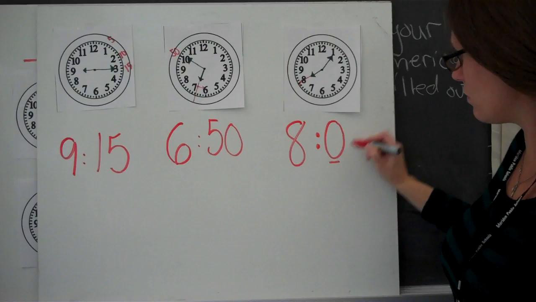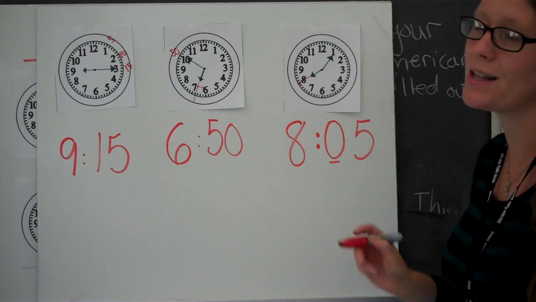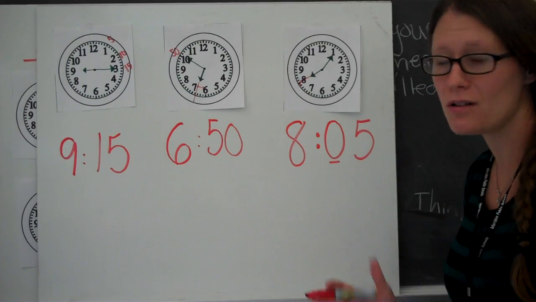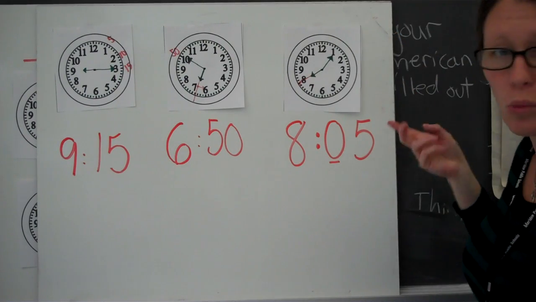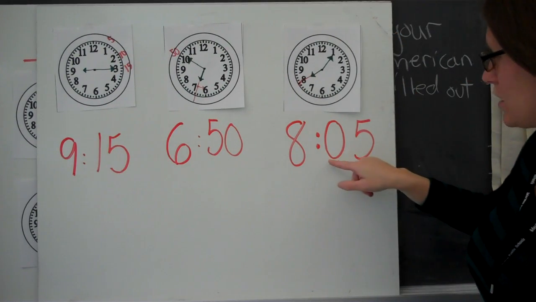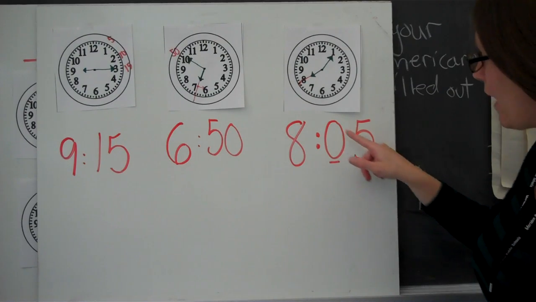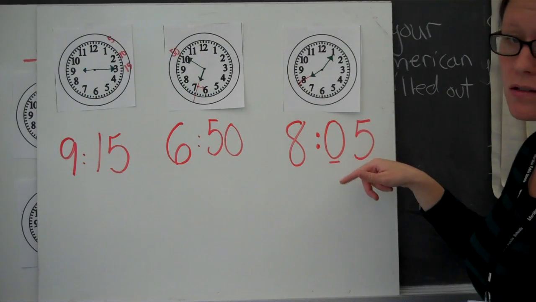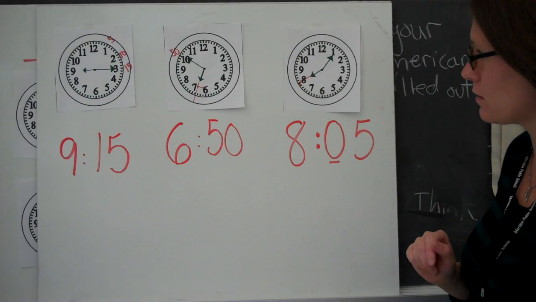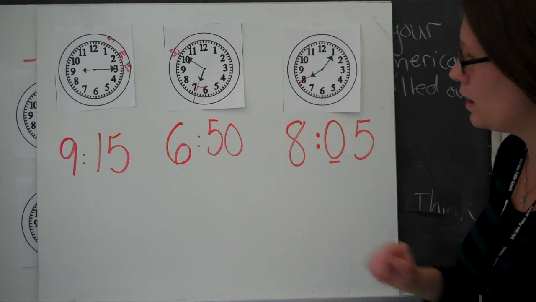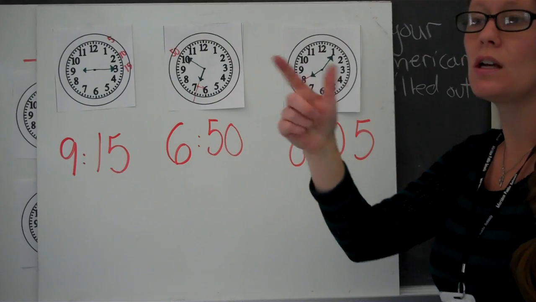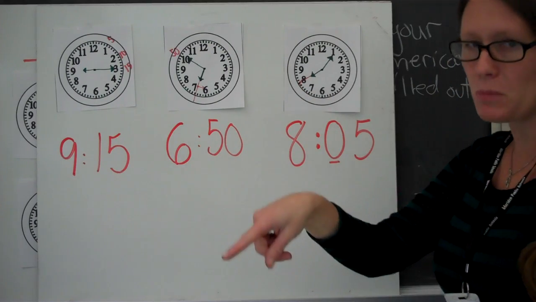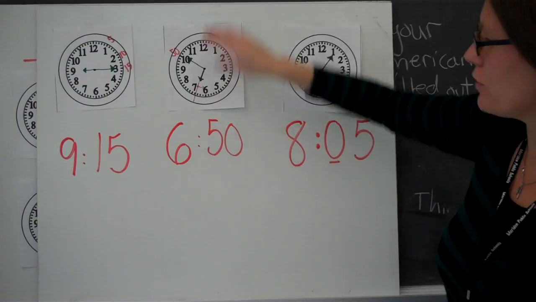I need to have a 0 there because this is just like in math with our numbers. If I'm counting by 5s, this is in the ones place. So I need to have a space there because I don't have 10 minutes. I just have the 5 minutes. Okay? So figure out the hour hand, the short hand, figure out the long hand, the minute hand, and then you have your time.